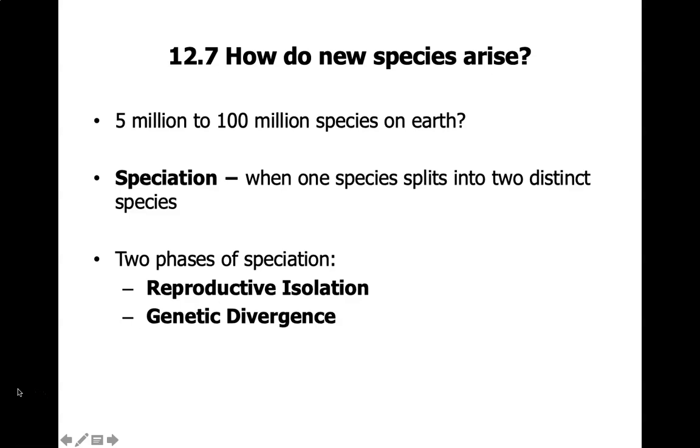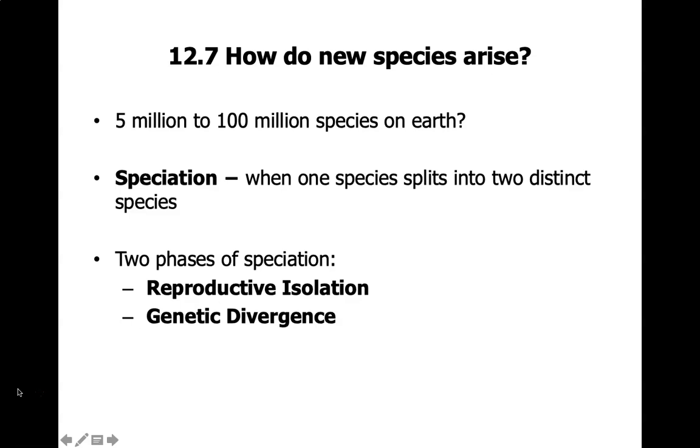No matter how many species there are, this process of speciation has two main phases. The first phase is reproductive isolation. So something has to happen to reproductively isolate two groups. And then once they are reproductively isolated, remember our biological species concept, this idea that you're considered a species if you can interbreed and produce fertile offspring.